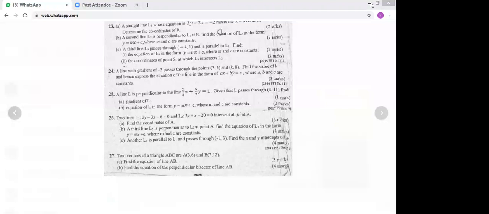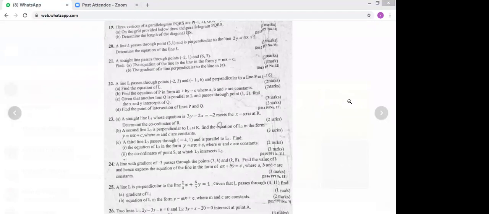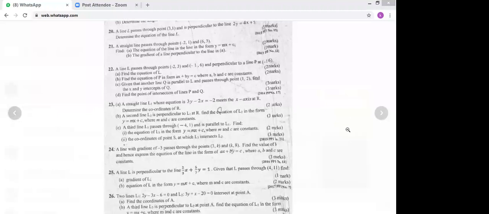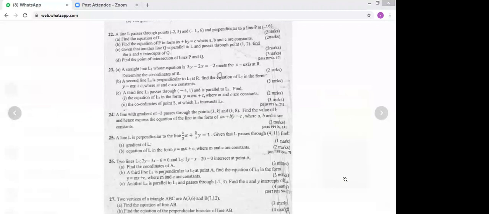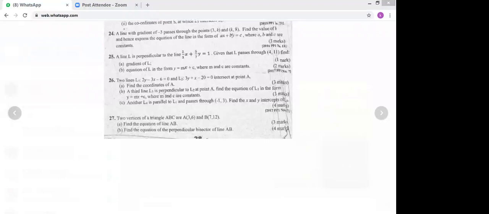Because you have been told that line 3 and line 2 intersect at S, I took the equation of line 2 and the equation of line 3, and I solved them simultaneously using the elimination method. I got y is equals to 3 and x is equals to -1. So the coordinates of S is -1 and 3.